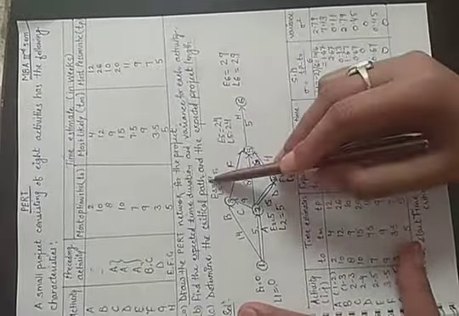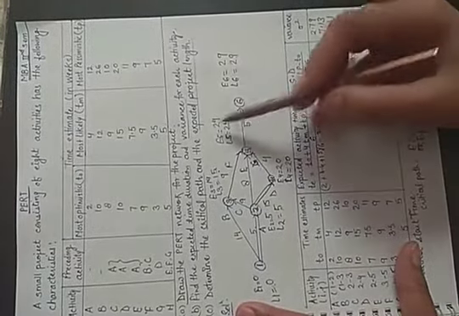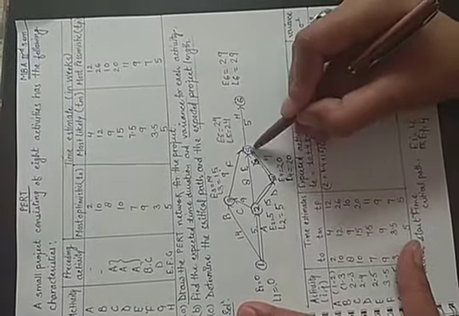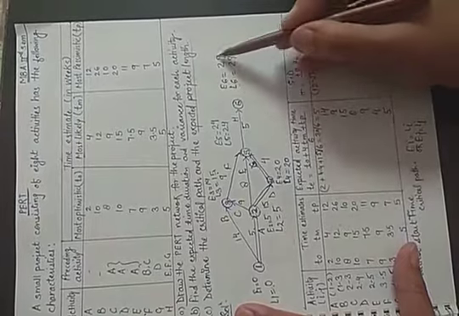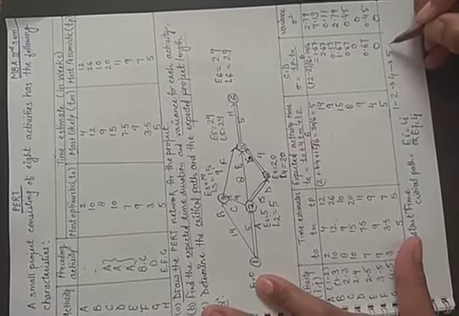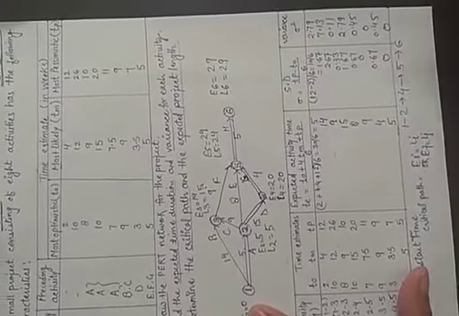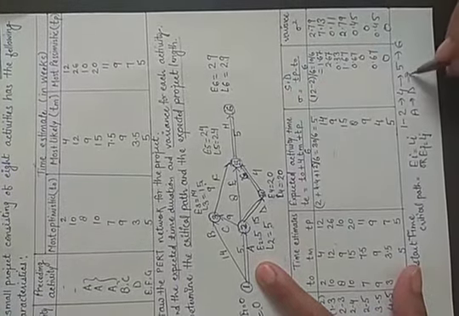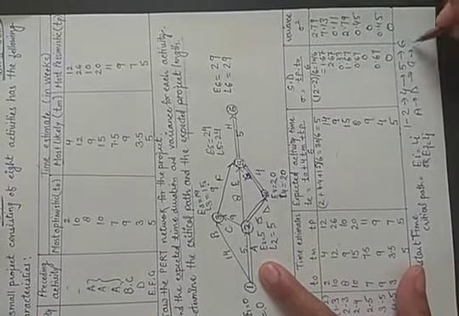Here 14, 15 are not equal. Next E5 will be represented by a double line, and E6, L6 are equal to 29. So the critical path is here 1 to 2, 2 to 4, 4 to 5 and 5 to 6, or we can say A to D, D to G, G to H.